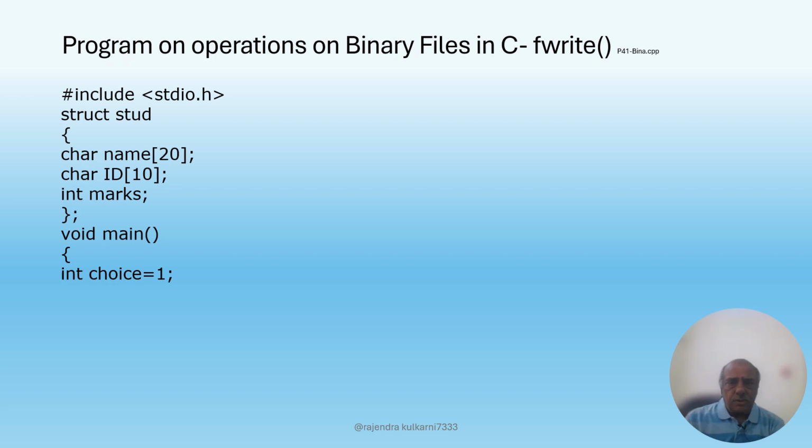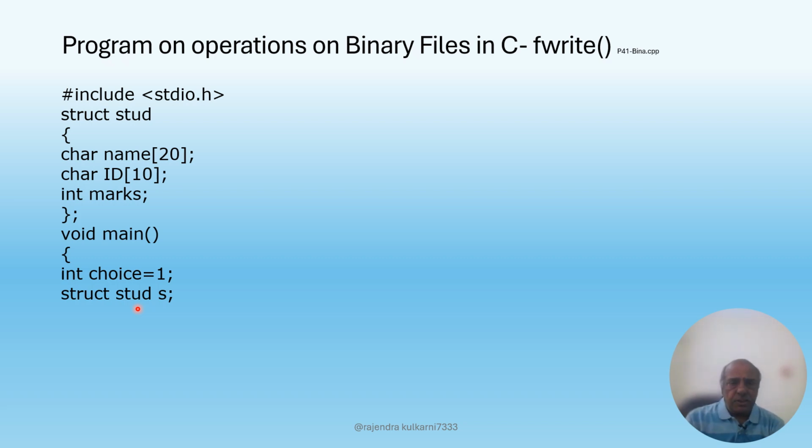Then we go for writing our main program, void main, where we have declared one int variable choice, then struct stud s. So we have declared another variable named s, which is of type struct stud.